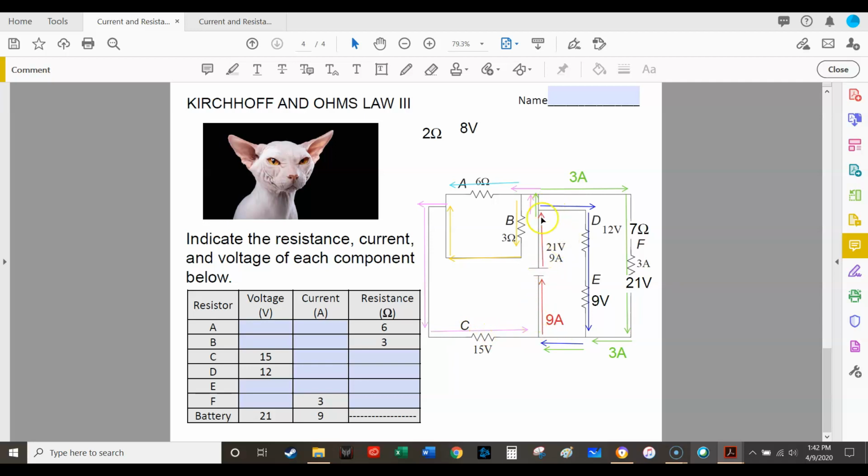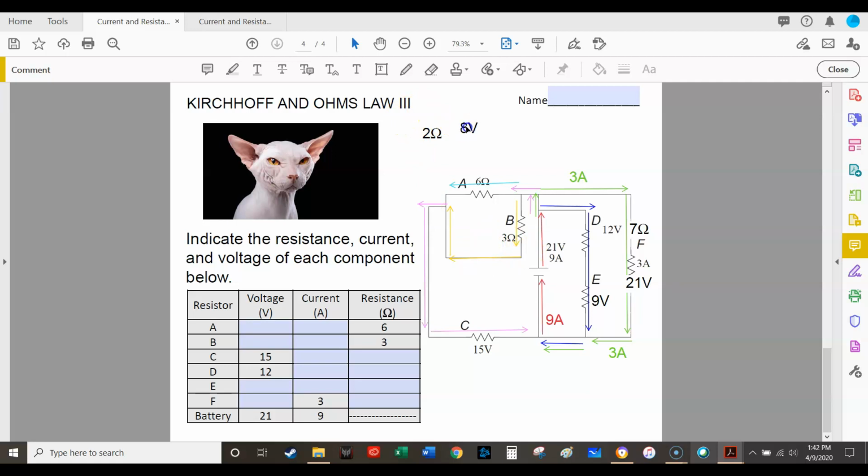And that means since red is in parallel with all of this, and we know that this branch is 21 volts, we know that 15 of that 21 volts is here. That means the other 6 volts has to be going across here.